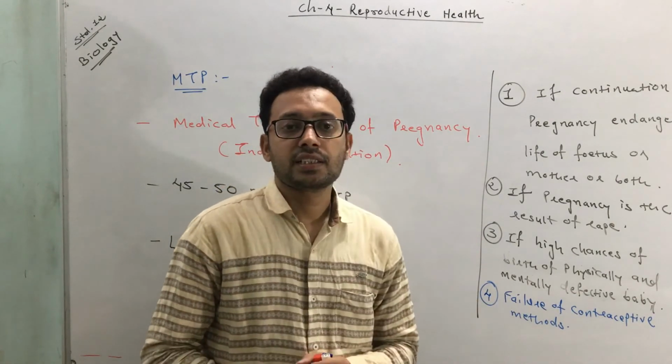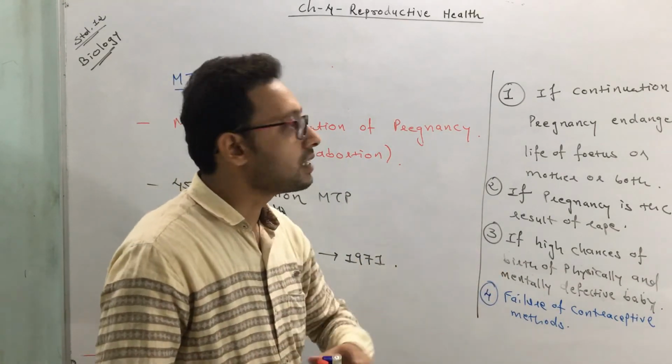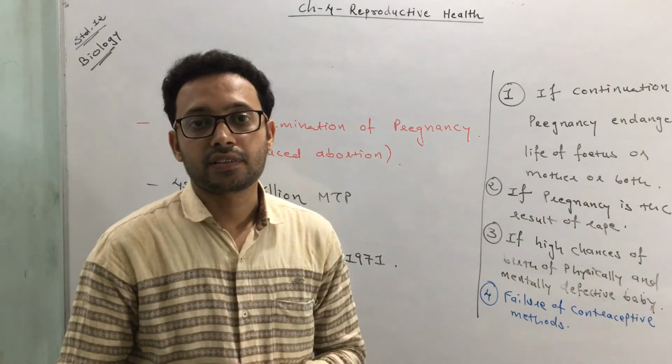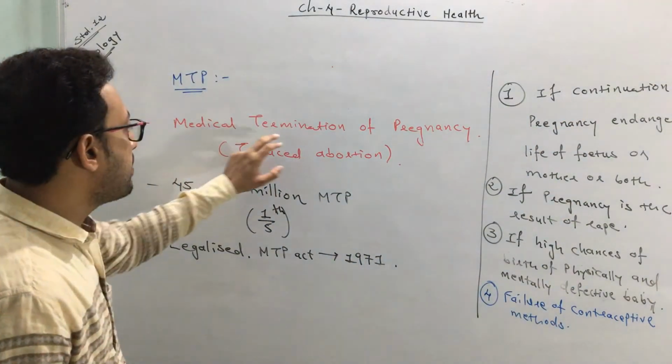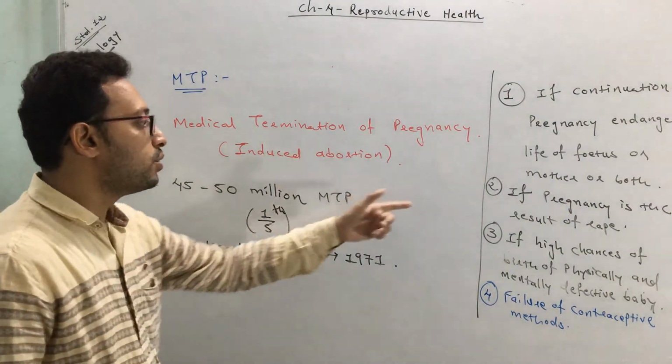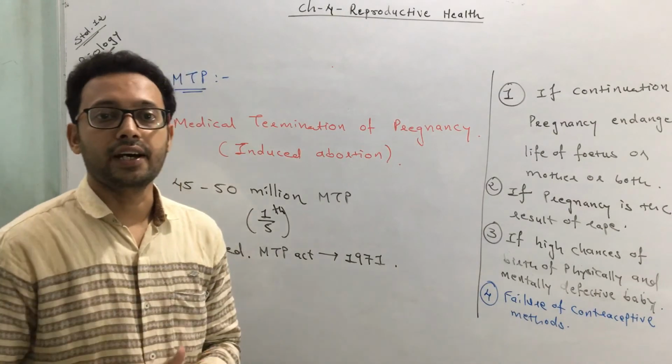Fourth, if the pregnancy results from a failure of contraceptive devices. In those cases the MTP is allowed. So these are the 4 circumstances in which medical termination of pregnancy or induced abortion is allowed. In all other cases it is not allowed.